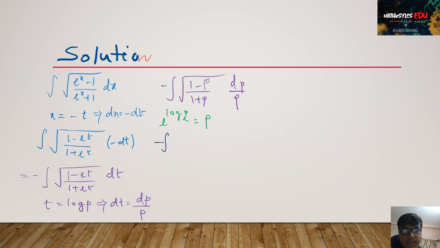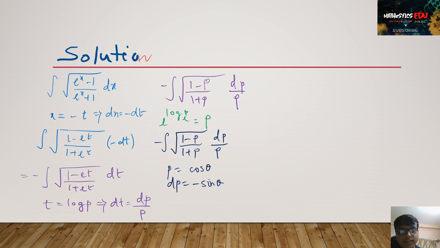Now the integral reduces to root over (1 minus p by 1 plus p) dp by p, right? This particular form is reminding me of the expression 1 minus cos theta by 1 plus cos theta. That sort of a thing is coming to mind. Now if I put p equal to cos theta, then dp will give me minus sin theta d theta. Let me substitute that.